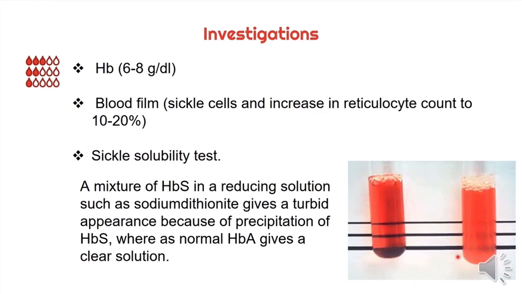If you can see here, this is HbS, a turbid solution, while this is HbA, which gives us a clear solution. You can see the lines behind the tubes.